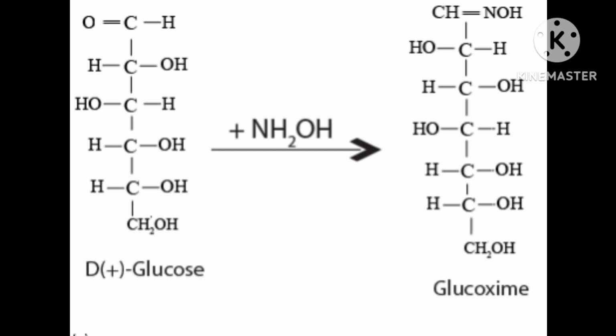Then CN is negative, and that CN will join with carbon. Correct? Now the carbon is joined with CN, and a carbon-CN bond is formed. And now you know that oxygen has a negative charge. Then how will it be neutralized? How will the negative charge be neutralized?